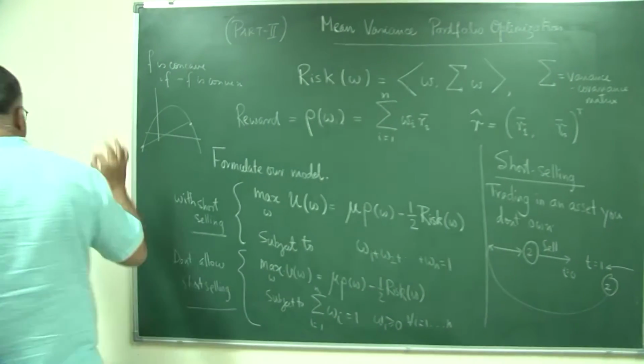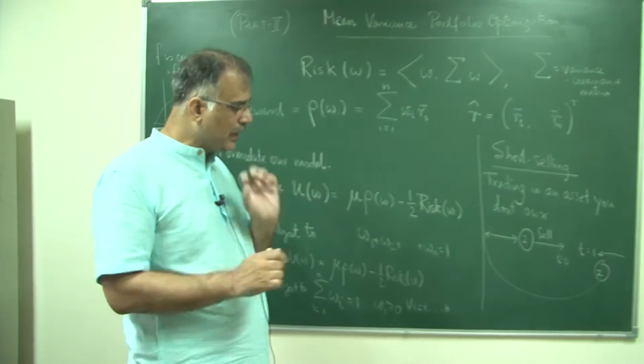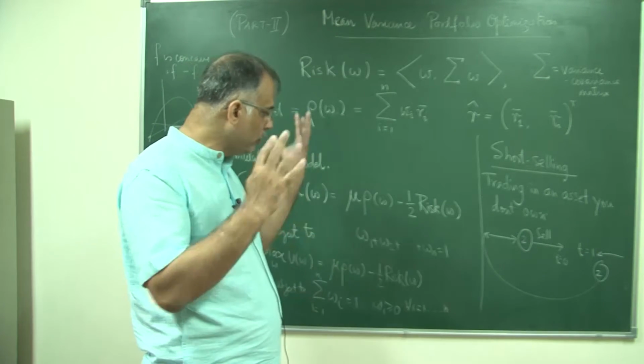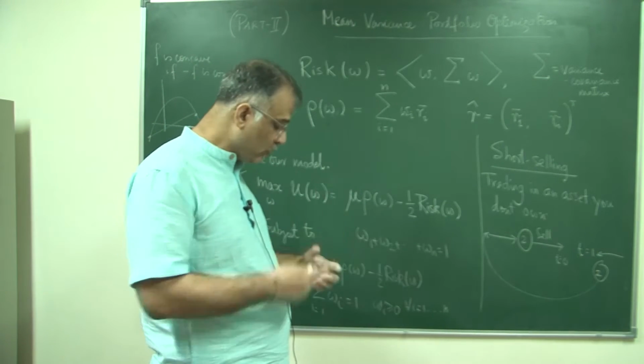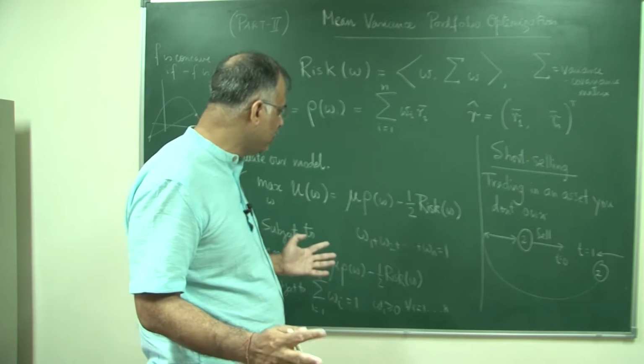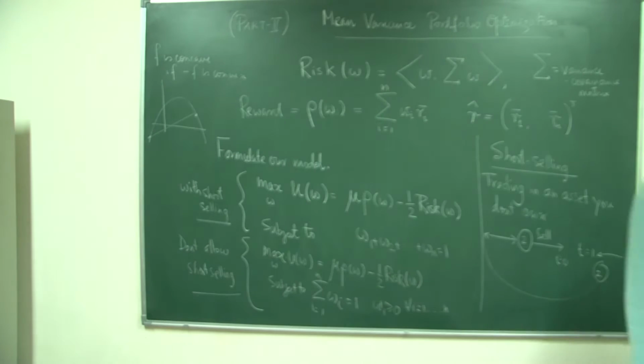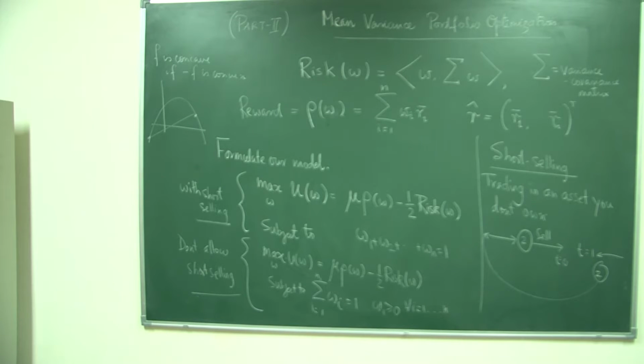Among all the portfolios or allocations which will give me this level of expected return, I would like to know which minimizes my variance. So that is what was really the Markowitz model, one form of the Markowitz model that we are now going to discuss.